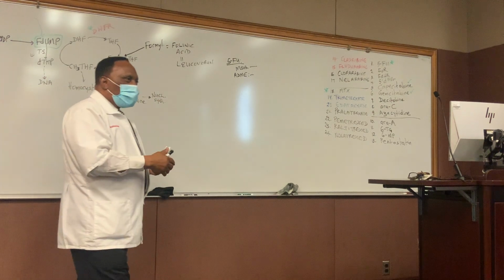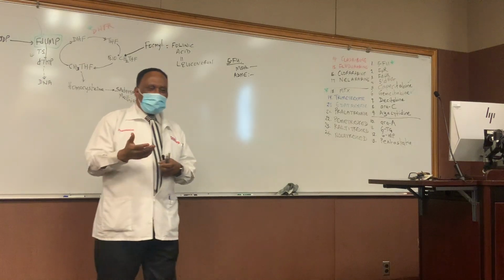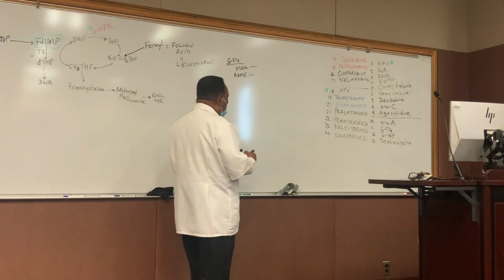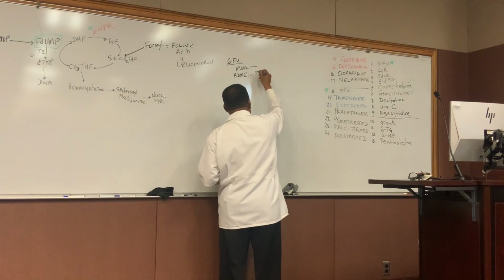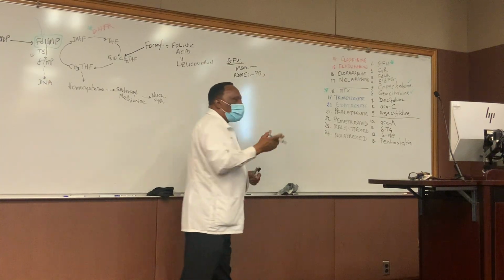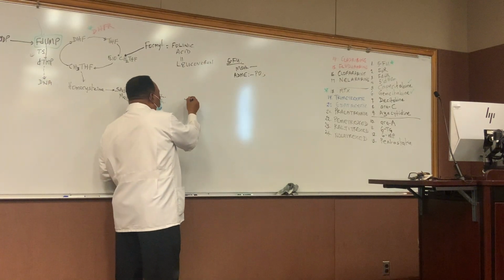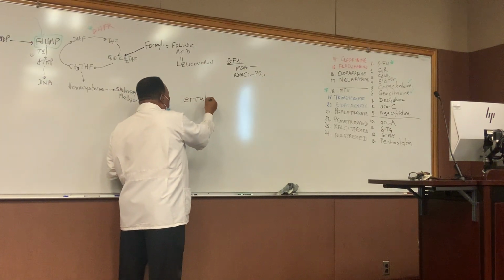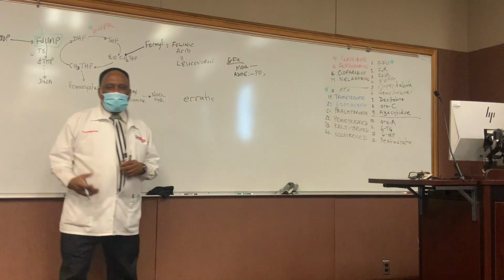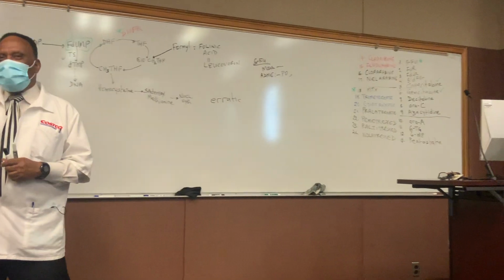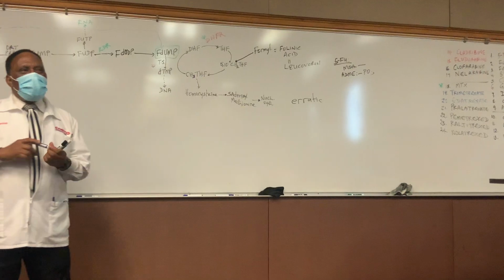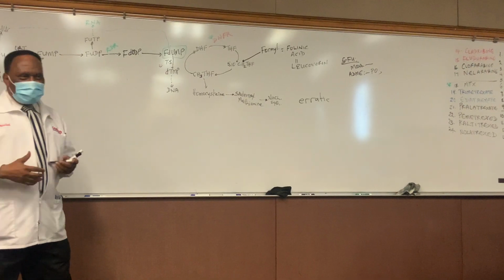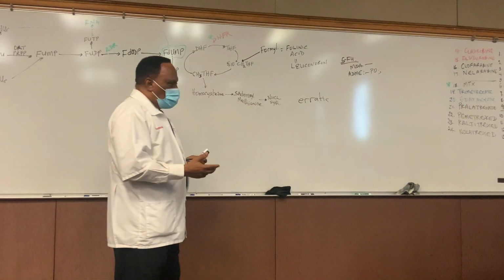It can also be given IV. It can be given topically. The PO form is seldom used because absorption from the PO form is very erratic. You would not know how much you could get into the system. So that is seldom used.